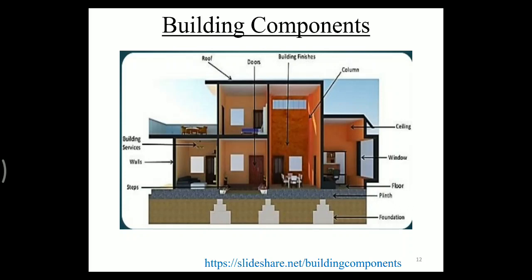Then there is roof on top. Below that there is skeleton of columns and beams. Also we see the building finishes like wall painting, wall plaster, etc. Also we see the building services like electricity, water line, etc.